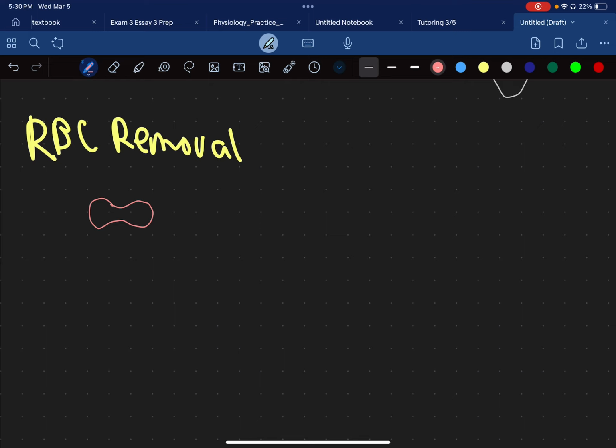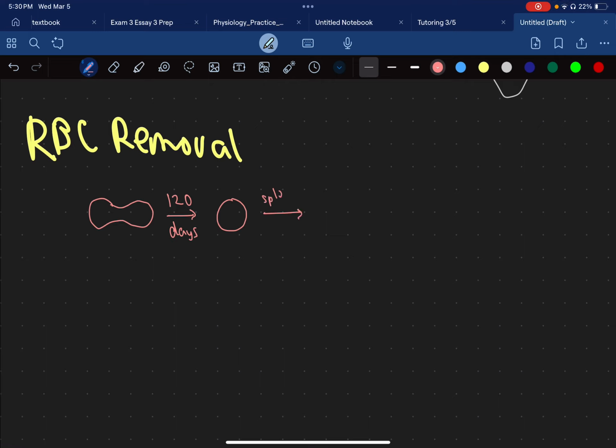But after about 120 days, it's going to lose its shape, become circular, and begin to break down, begin to not be as useful. And when that happens, it will be identified and taken to a couple different places.